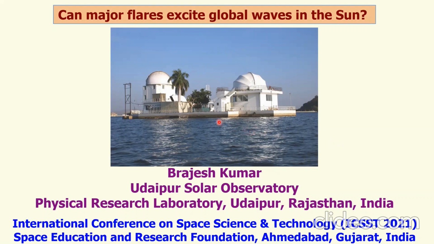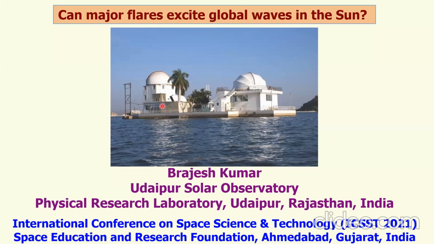And this picture shows the island observatory of Udaipur Solar Observatory. And on this island, one can see two domes. This dome houses the multi-application solar telescope of Udaipur Solar Observatory, which is a state-of-the-art modern telescope in India.